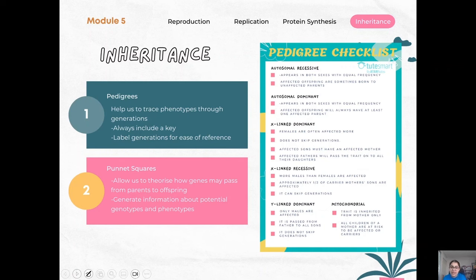Autosomal dominant, again, because it's autosomal, is going to appear with equal frequency in both sexes. However, affected offspring will have at least one affected parent because it's dominant. At least one parent will be affected.